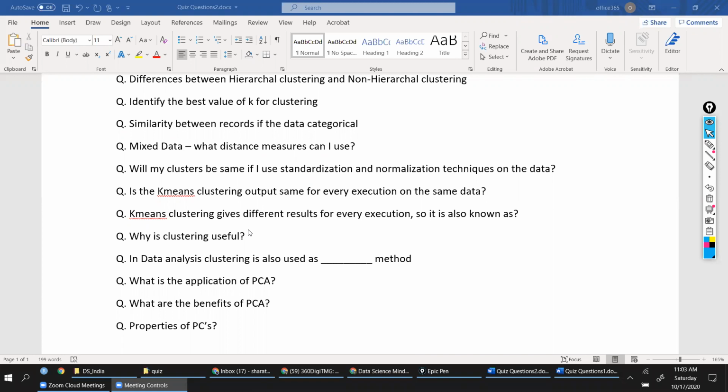We try to maximize it, right? So we get highest variance captured in the first principal component, followed by the second one, followed by the third one, followed by the fourth one, so on and so forth. So the variance is in decreasing order. Then if you look at any two pair of principal components, they always are perpendicular to each other. That means the correlation among them are zero. The correlation between them is zero.